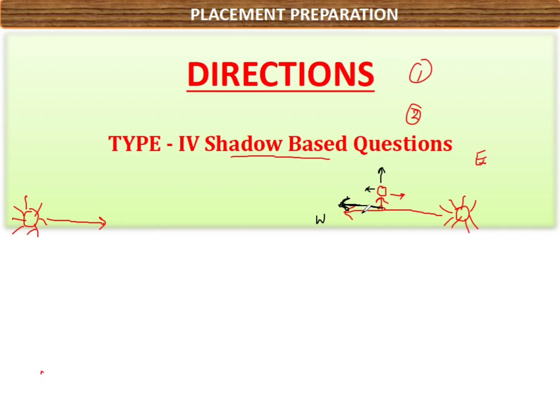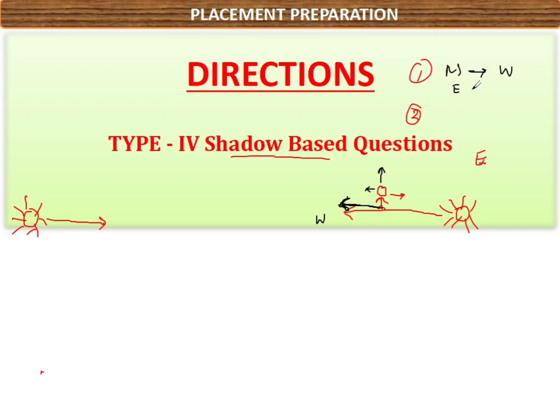So what is the moral of the story? Even if I change my direction, my shadow direction will never change, because shadow direction will always be based on sun's direction. It is not based on my direction. So 2 points you have to understand here. Morning time, shadow direction will always be towards west side.